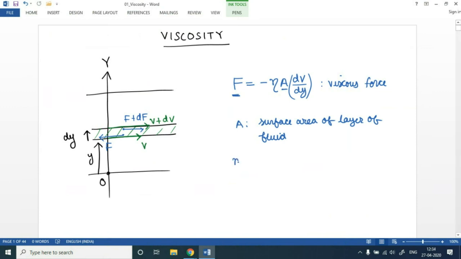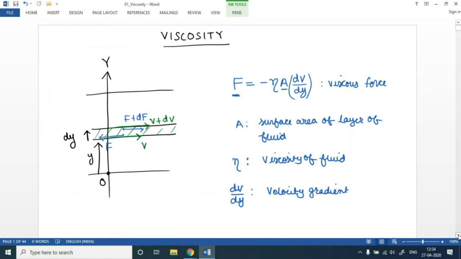Eta here is a property of the fluid, and that is known as viscosity of fluid. This term dV by dy is the rate of change of v with respect to y, and this term is known as velocity gradient. So this is the expression. We will be dealing with this equation a lot in different problems.